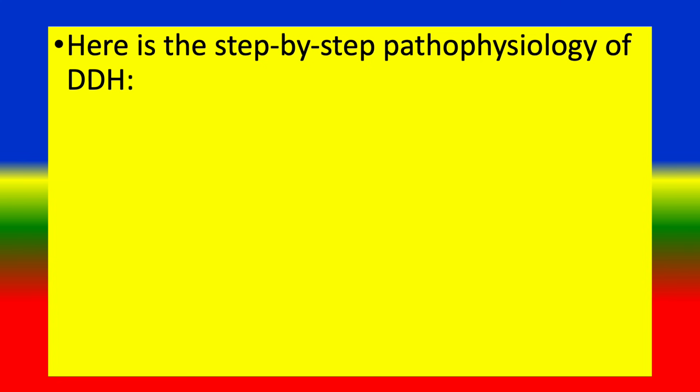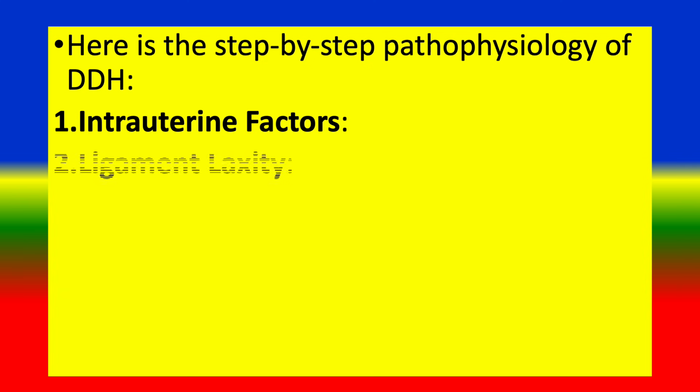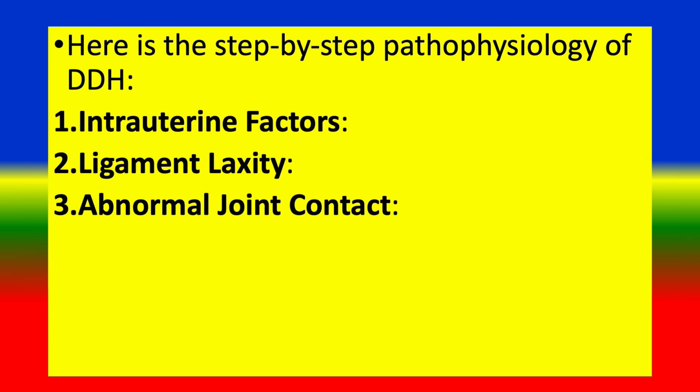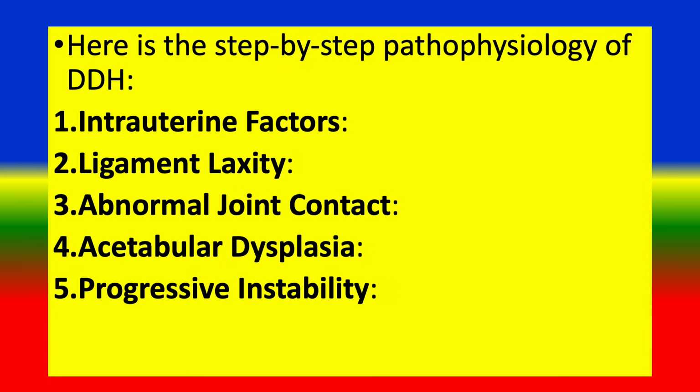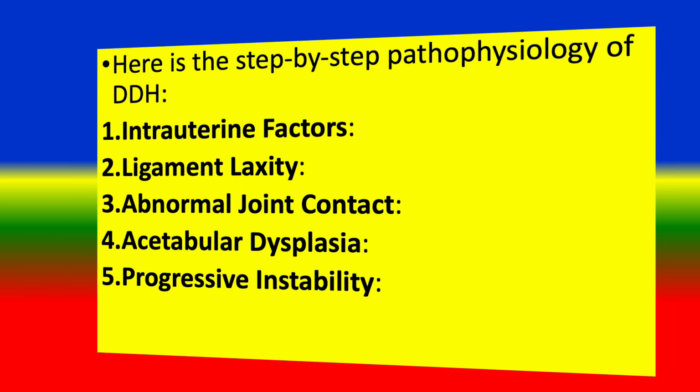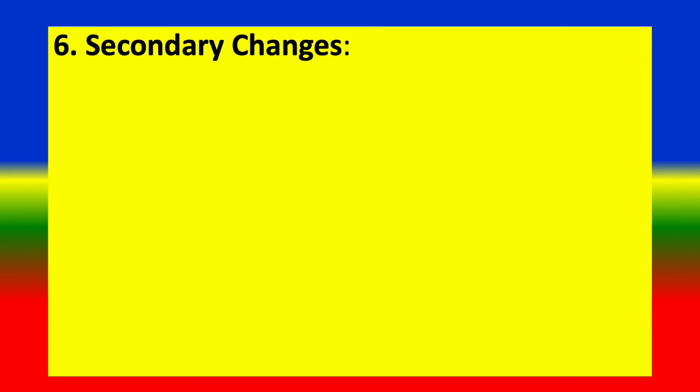Here is the step-by-step pathophysiology of DDH. 1. Intrauterine factors. 2. Ligament laxity. 3. Abnormal joint contact. 4. Acetabular dysplasia. 5. Progressive instability. 6.